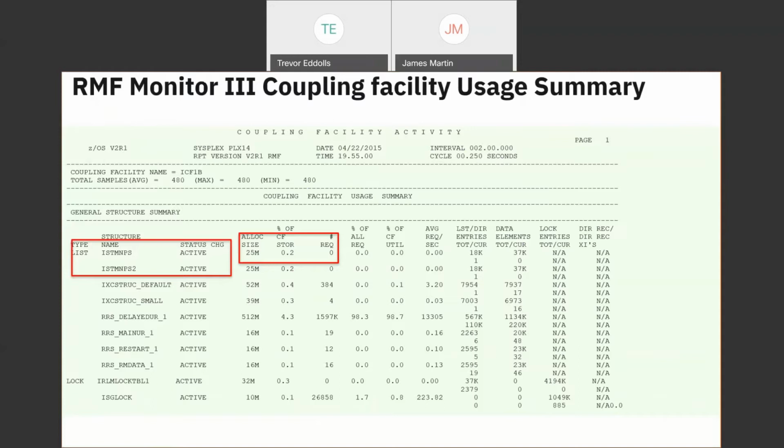Here's a coupling facility usage summary report from RMF as well. As I said, if we're using coupling facilities, it's important for us to understand how that usage is occurring. Are we seeing delays in the usage of those coupling facilities as well? We can see the structures over there on the right and the percentages of the allocations and how much of the storage that we're using in those particular coupling facilities.